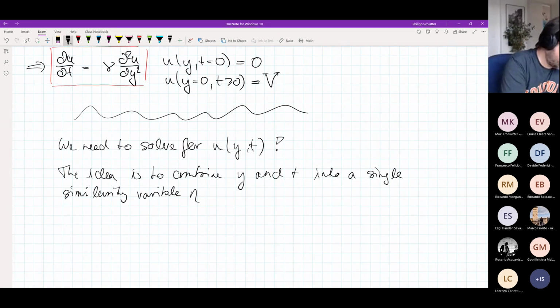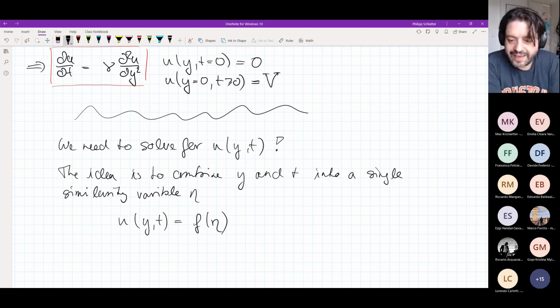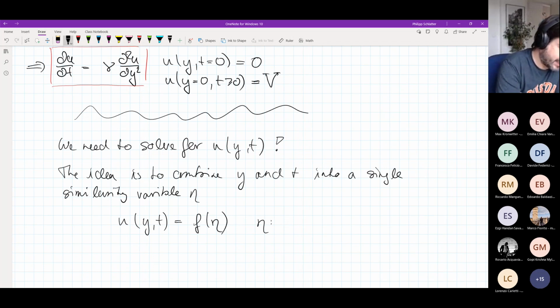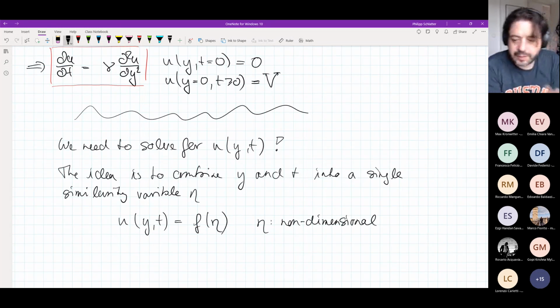That means we would like to write this u, which was a function of y and t, to be a function f of eta instead. And this eta necessarily needs to be non-dimensional, because it cannot have a dimension of a time, it cannot have a dimension of a length.